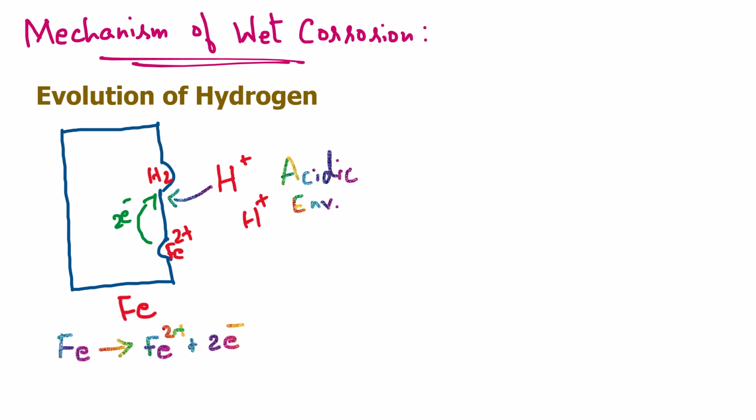When the metal is exposed to an acidic environment, the H+ ions take up the electron released by the iron and hydrogen gas is produced and fills the voids in the metal. Since hydrogen is produced, this type of cathodic reaction is called evolution of hydrogen.